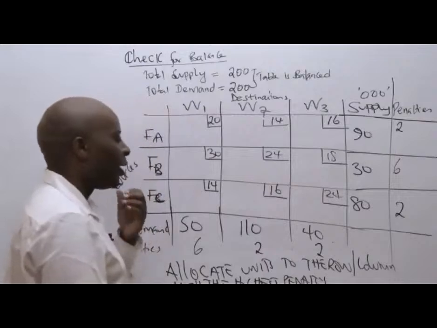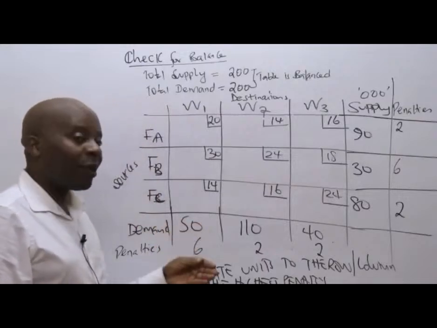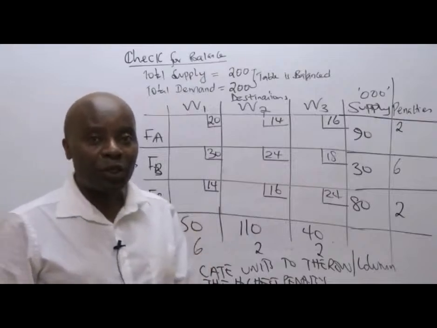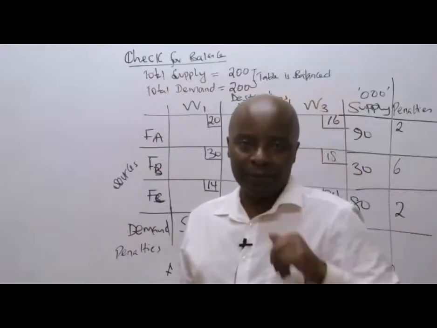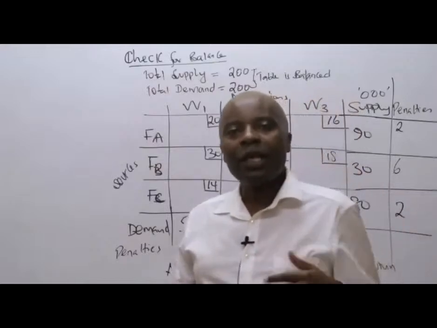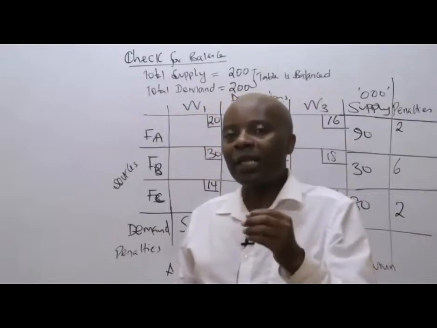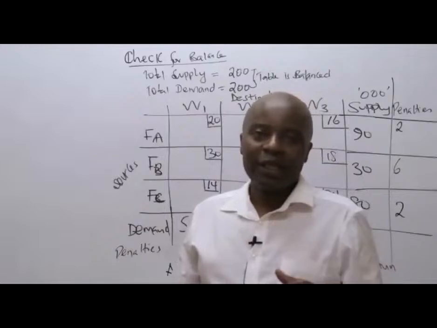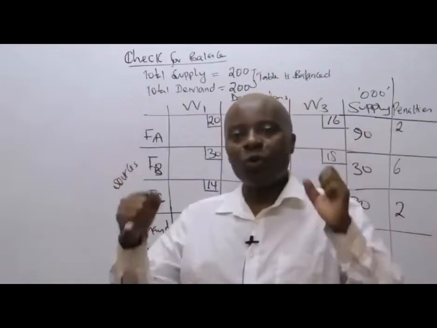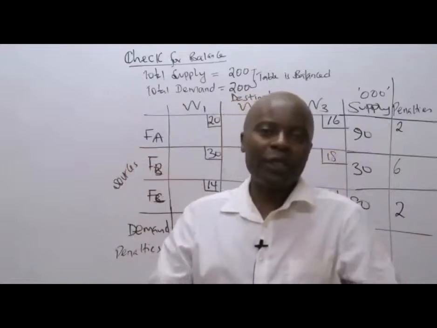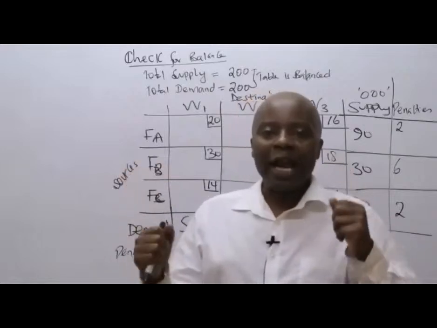Allocate units to that row or column which has the highest penalty. So in this case, our yardstick, what will be guiding us, is the highest penalty, because my aim is to run from that highest penalty. But I'll run from it creatively. First of all, I attack this highest penalty by holding it by its horns. I'm not fearing it. So always we go for the highest penalty.